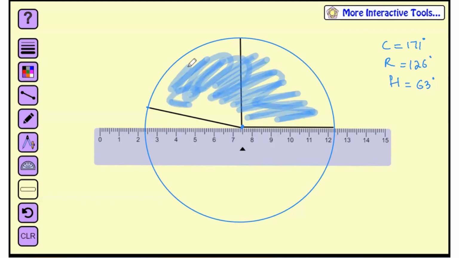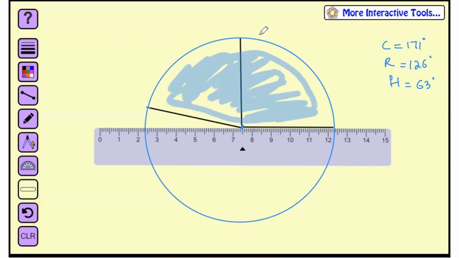All of this, that's for cats. This is 171. Okay.